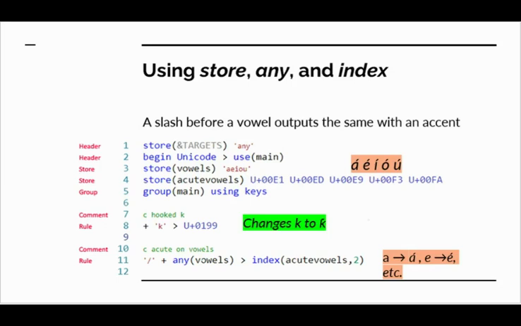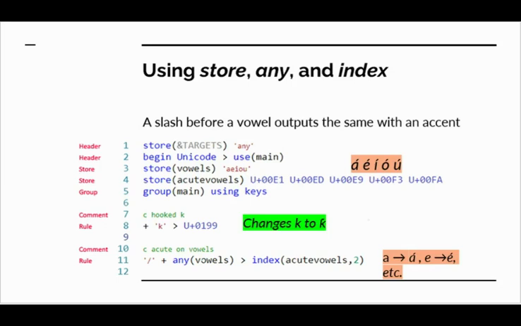And this rule down at the bottom says, if I type a slash and then a vowel, it looks up the acute vowel. So this is a rule that says take A with a slash before it and convert that to A with an acute.